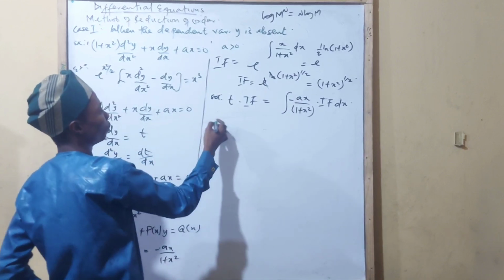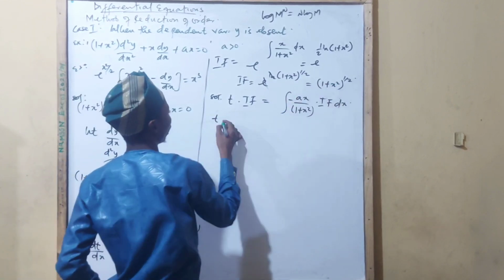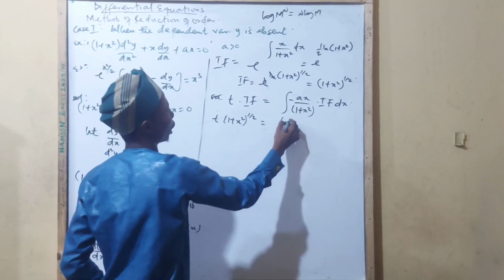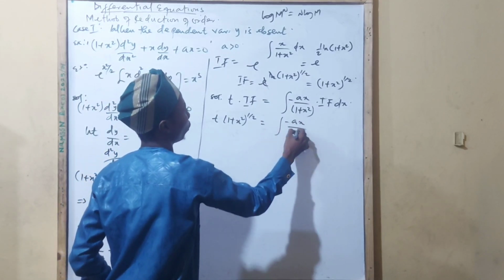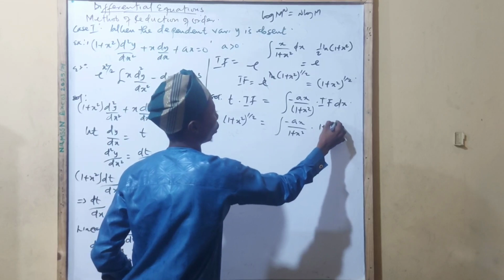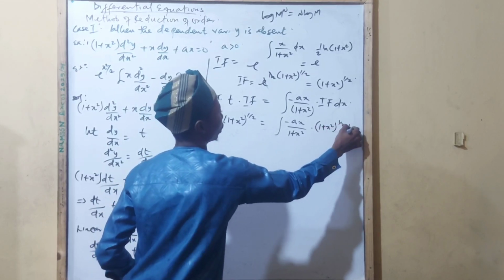So we are going to have t times 1 plus x squared all raised to power half equals the integral of minus ax over 1 plus x squared times 1 plus x squared all raised to power half, with respect to x.